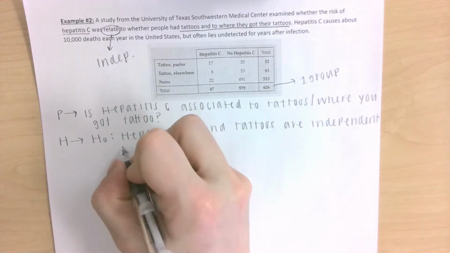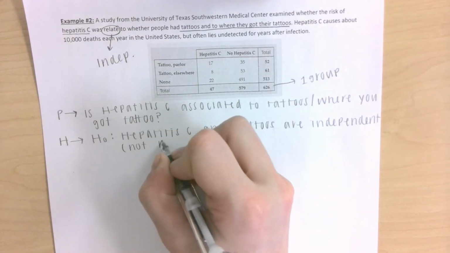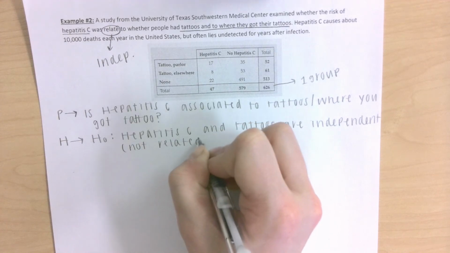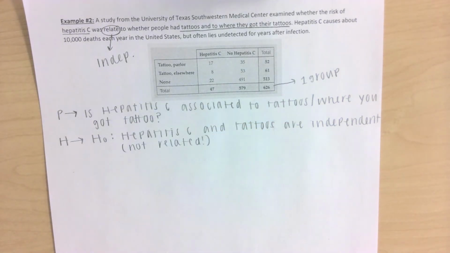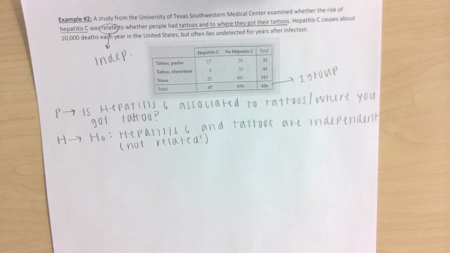Okay, independent means that they are not related, or not associated. That means it wouldn't matter whether I got my tattoo at a parlor or somewhere else. It's not going to impact whether or not I have or get hepatitis C.